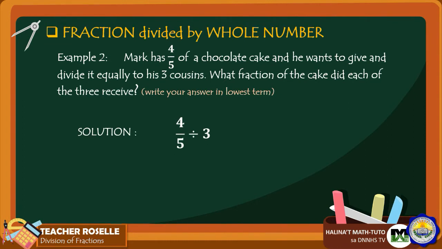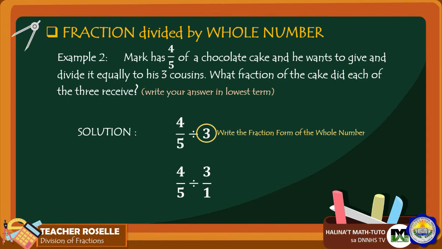For our solution, I'm going to use the butterfly method. First, we need to write the whole number 3 as a fraction. Basically, we only write it over 1 to make any whole number a fraction. So now, we have 4 over 5 divided by 3 over 1.